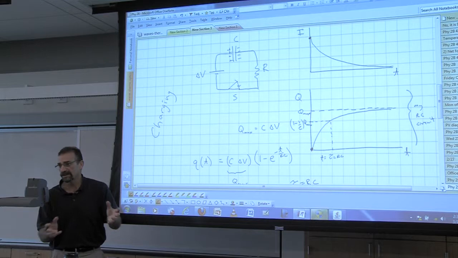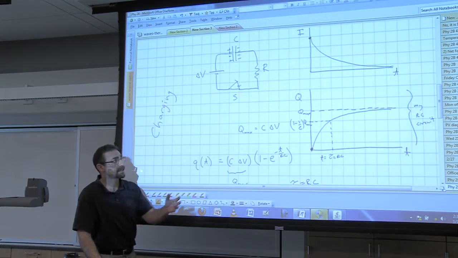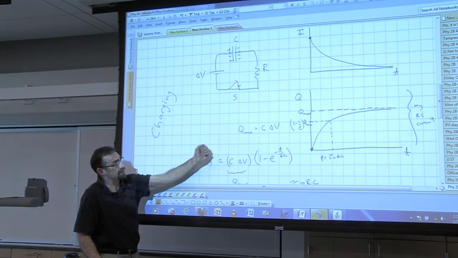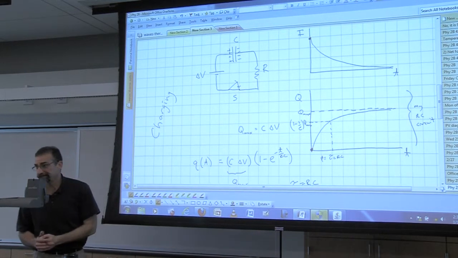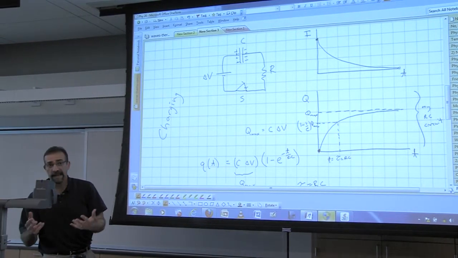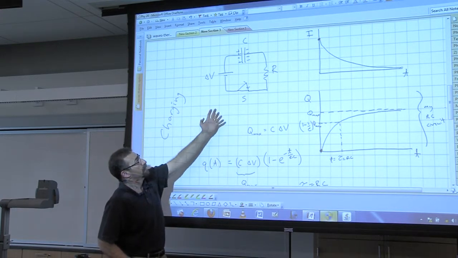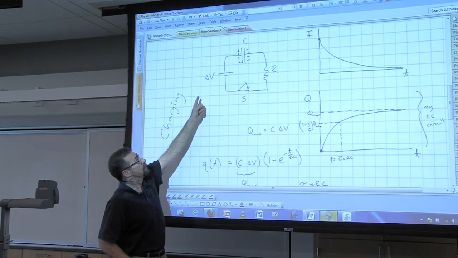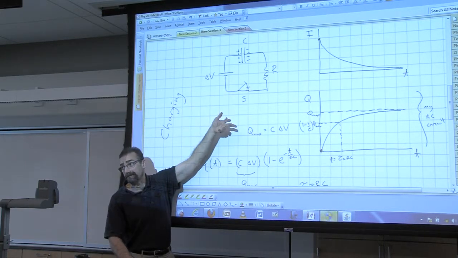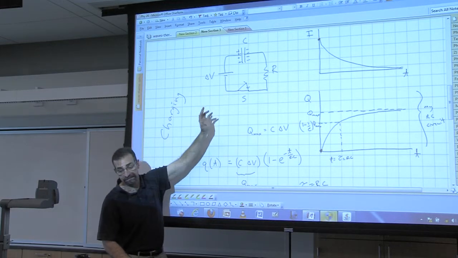But during that very short time, during those milliseconds or so that charges are moving, interesting things can happen, and so we want to look at that. It also leads us into AC circuits that we're going to talk about later in the quarter. The idea there being this voltage, instead of always trying to push the charges in the same direction, the source alternates.